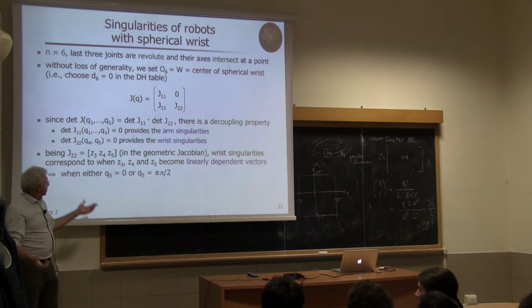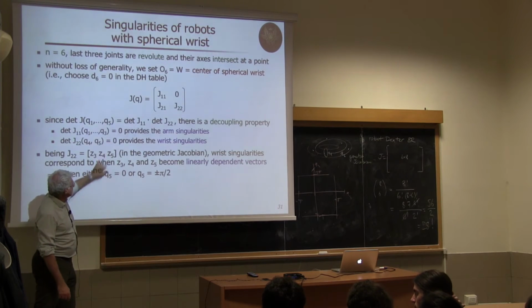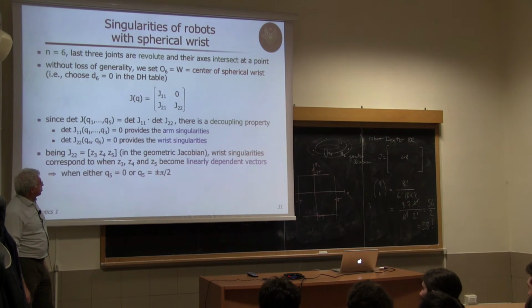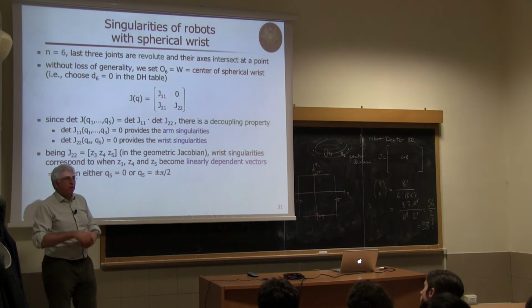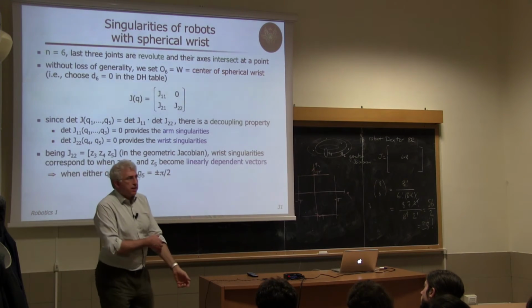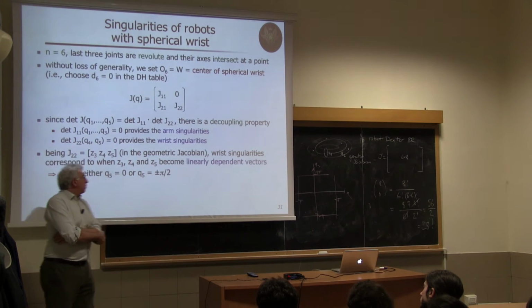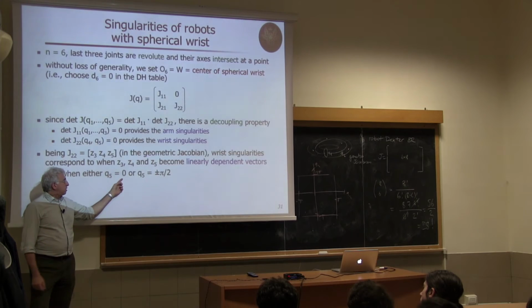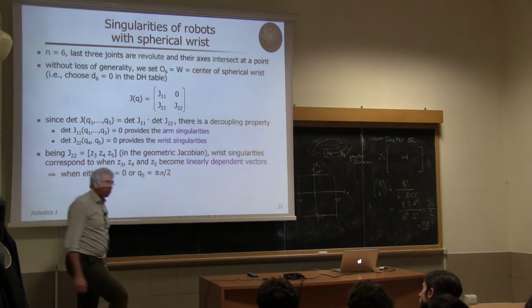This is quite nice, and it all depends on the second joint angle. Depending on whether this is a ZYZ or ZXZ Euler type sequence, you will have a singularity when q5 is equal to 0 or q5 is equal to plus or minus pi over 2.